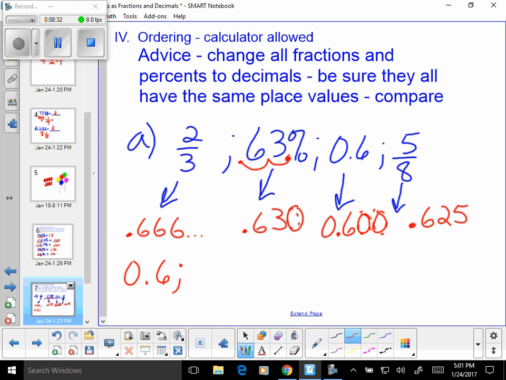In our answer, we always use the number we're given in the problem. If you need to, cross it off to show you've done it. The 0.625 is the next largest. And then we go with 63%. And lastly, we'll have the 2/3.